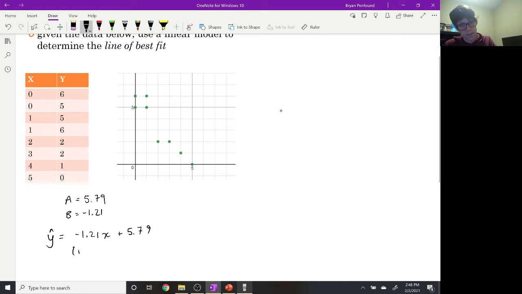Okay, so it's bx plus a is how I'm writing it down. You could also write 5.79 minus 1.21x. That's also acceptable, same thing. So this is our line of best fit. This is what the calculator says is a good model based on the data we have. Or I guess the best model based on the data we have.